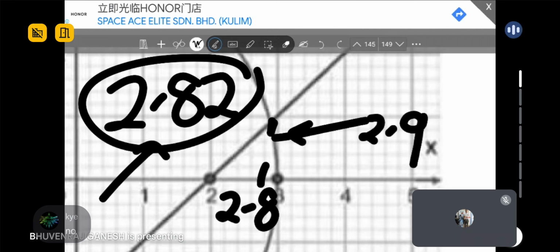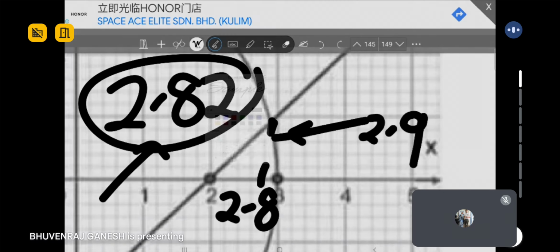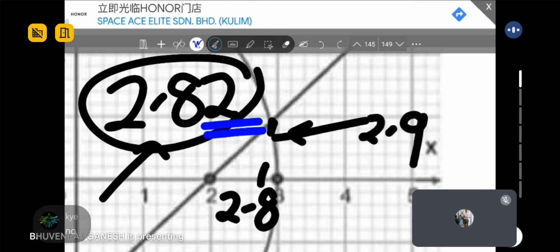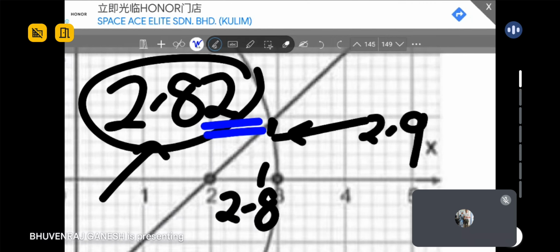Yes or no? Okay, why not logic? Kenapa tak logik jawapan saya? Guys, mata kamu boleh baca sampai 2 titik perpuluhan ke? Can your eyes see until 2.82 in the graph? Oh, if your eyes can see until 2.82 guys, you are the next Superman lah guys. Kalau kamu boleh baca sampai ini kamu dah jadi Superman yang baru ke dunia ni.